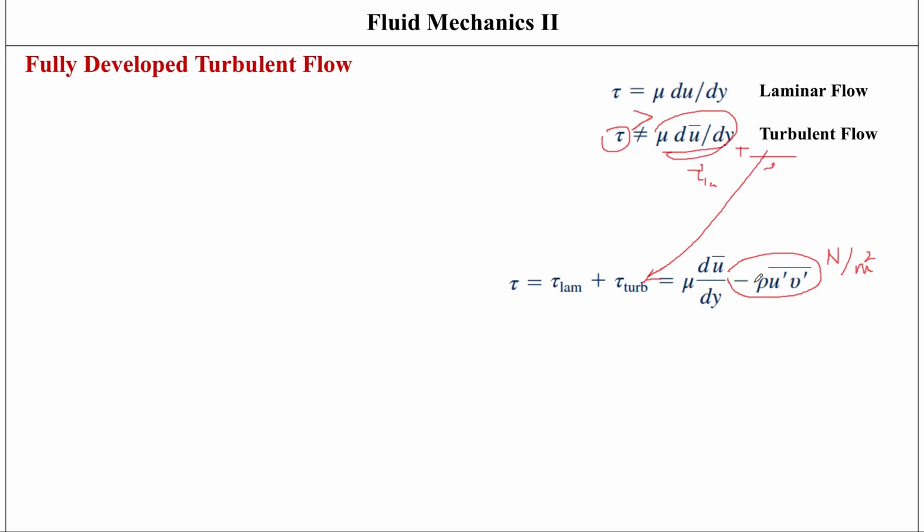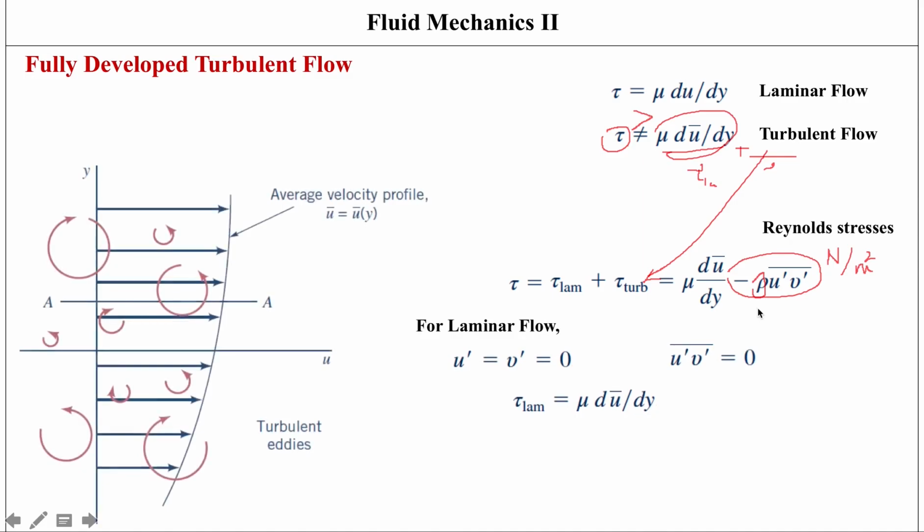And the density is involved here because, like I said, larger chunks are moving, okay? Because finite mass is moving here within the turbulent flow, and mass is represented by density for fluids, okay? So this is how we relate turbulent shear stress.